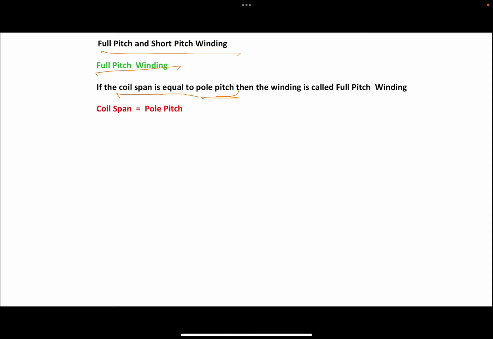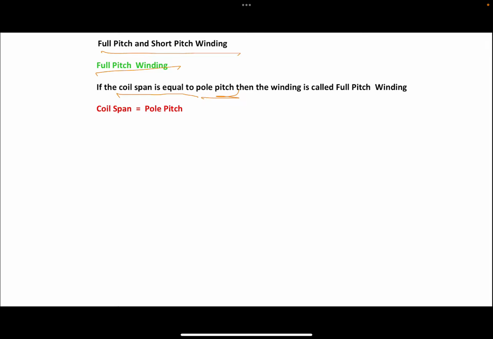A simple example: the class strength is 67 and the present strength is 67. I can say that full attendance is there. That is rare. Full attendance is normally present in the exams. Whereas short pitched is when class strength is 67 but actual strength is below 67.